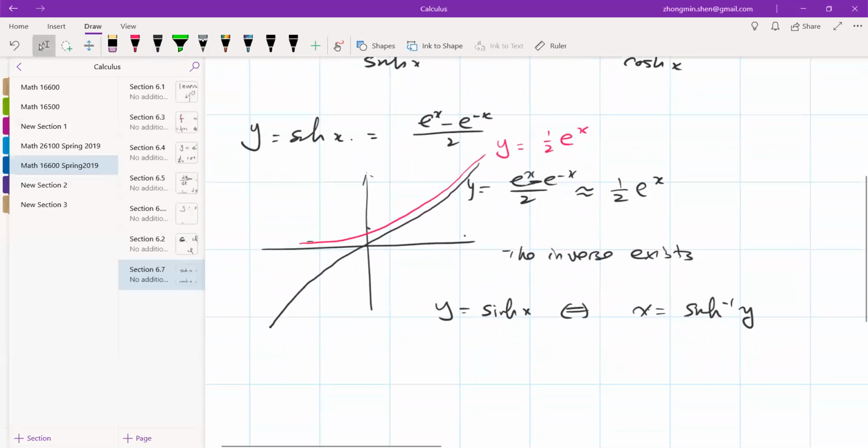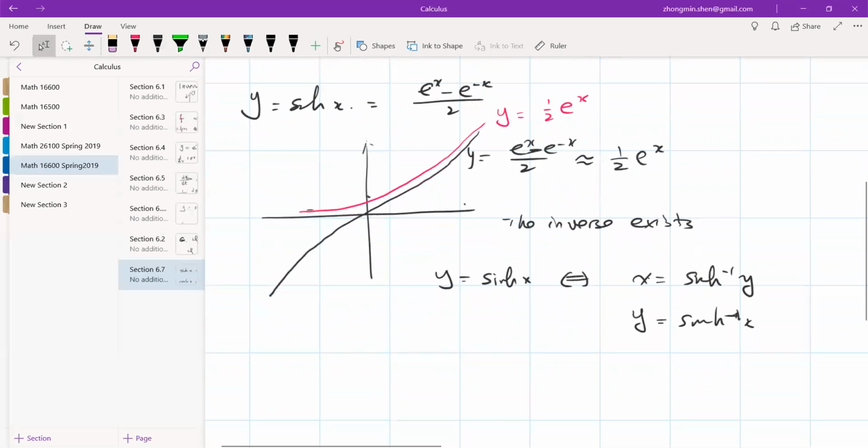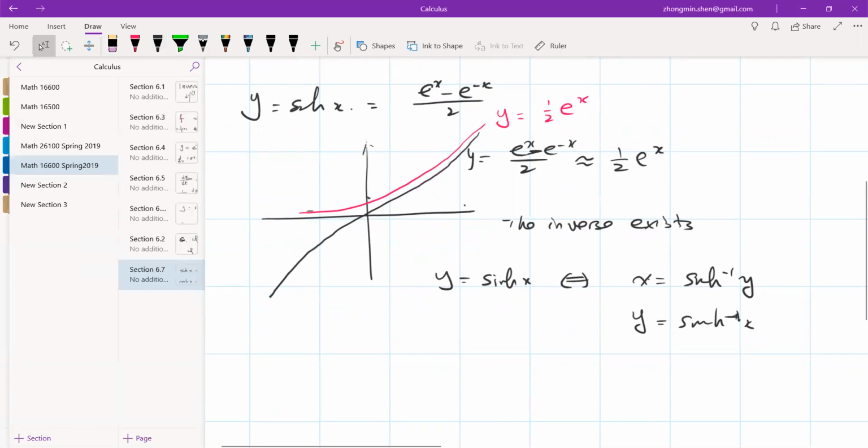If you interchange the variables, you get the standard inverse function of hyperbolic sine x. How do you sketch the graph? I think the graph of the inverse function is just the reflection about the line y equals x. We can talk about this later.